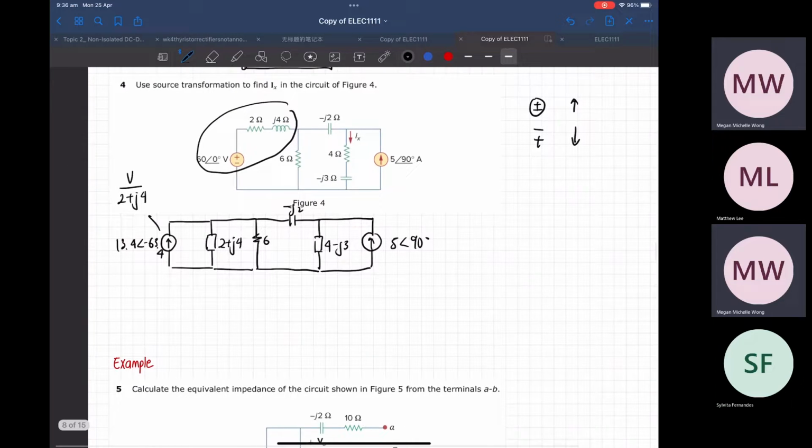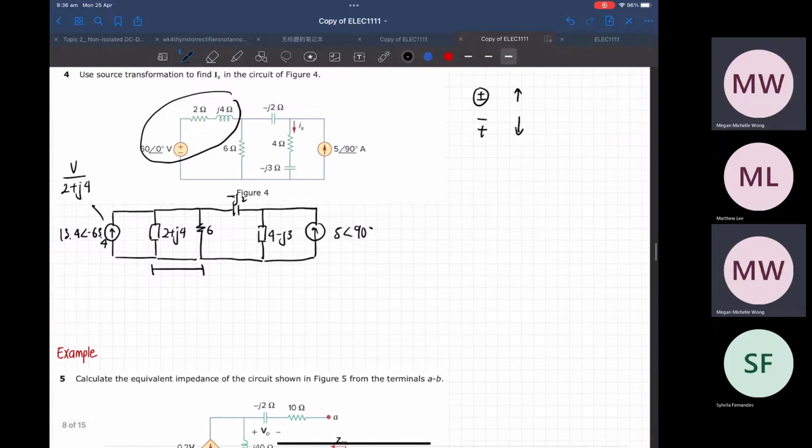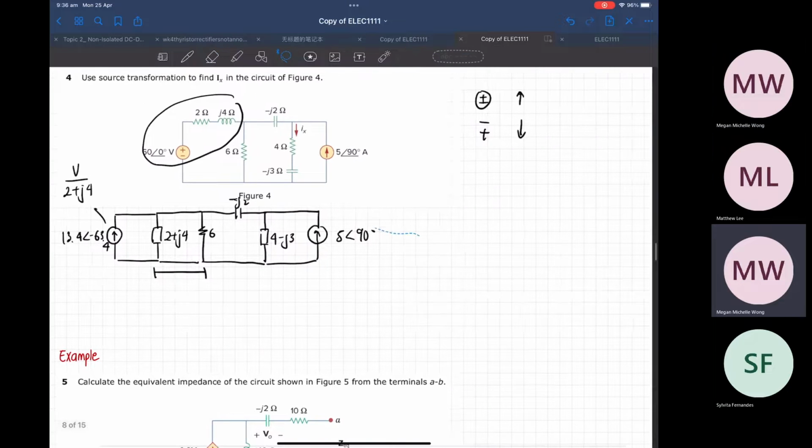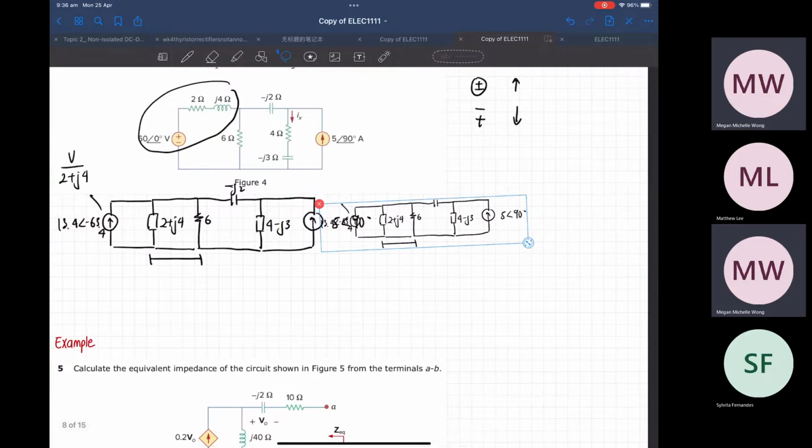And then I combine this in parallel, and then I do the source transformation again. So let's see, can I just copy this? Oops, make it small.